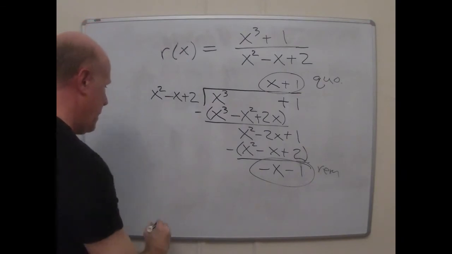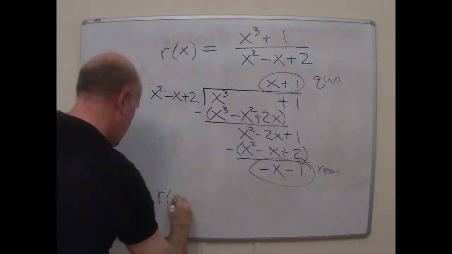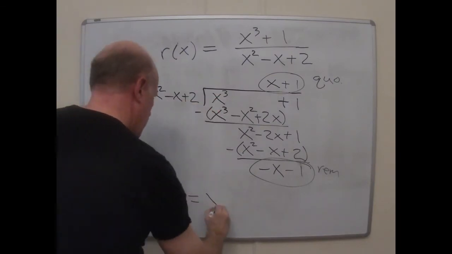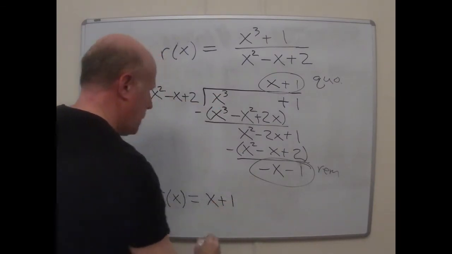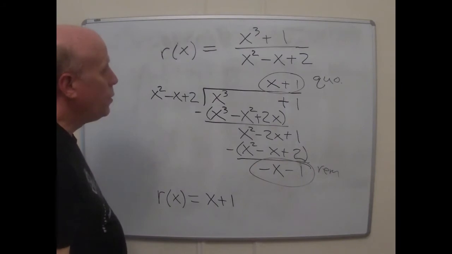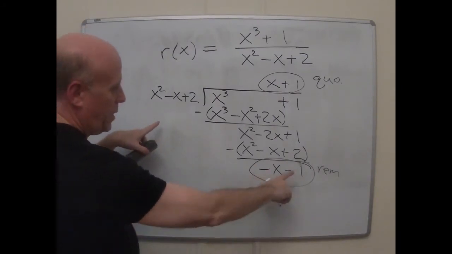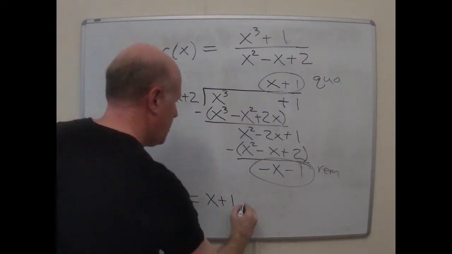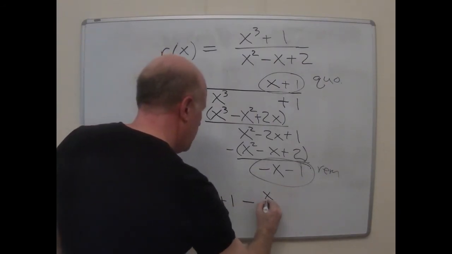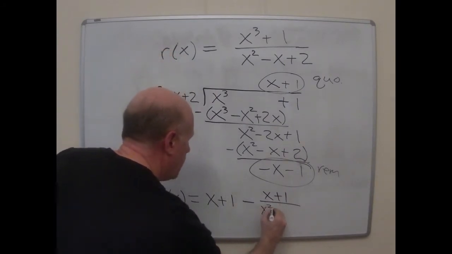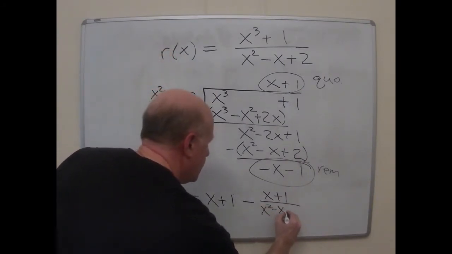And that means my R of x up there can be written as what we got for the quotient, x plus 1, plus the remainder divided by this. Now actually, my remainder ended up being negative of something, so let's write it as minus x plus 1 over x squared minus x plus 2.